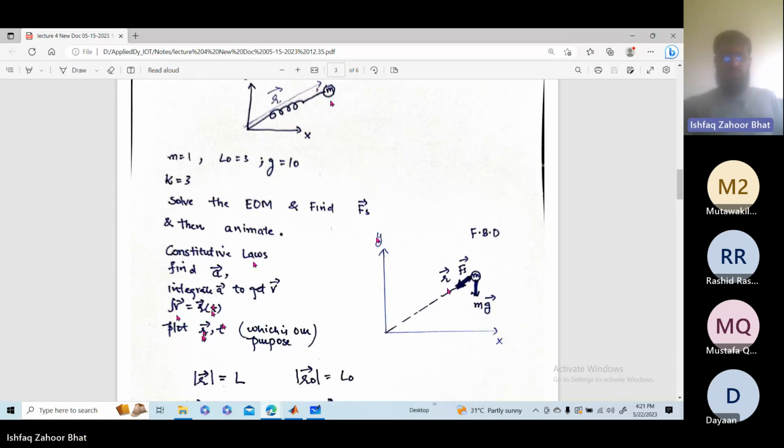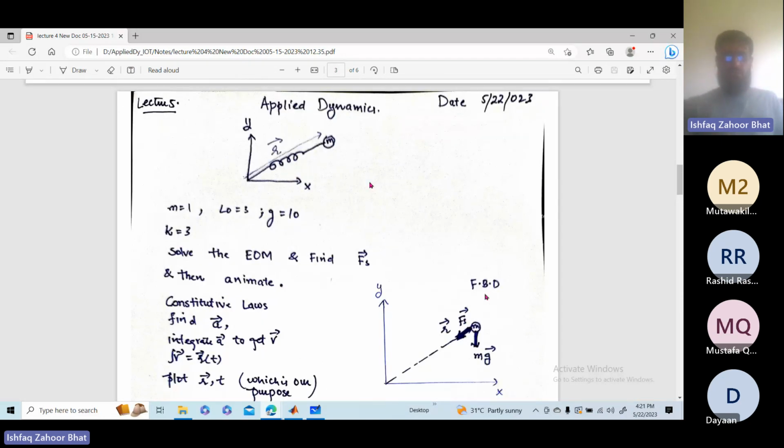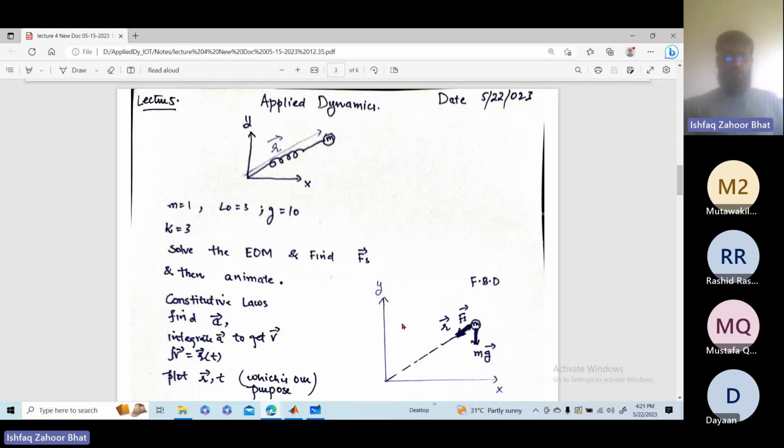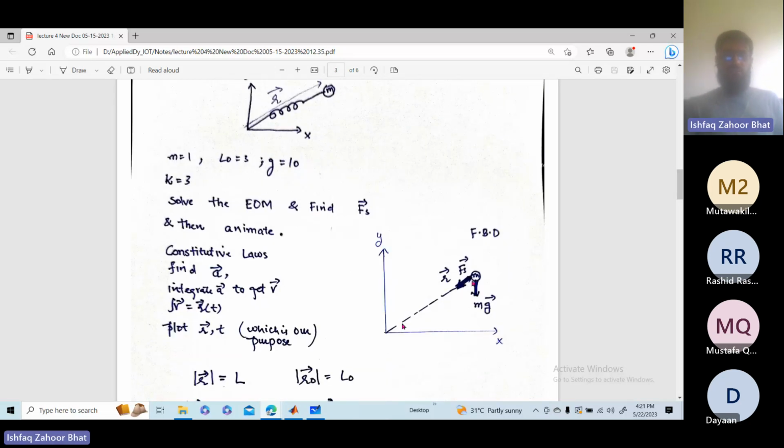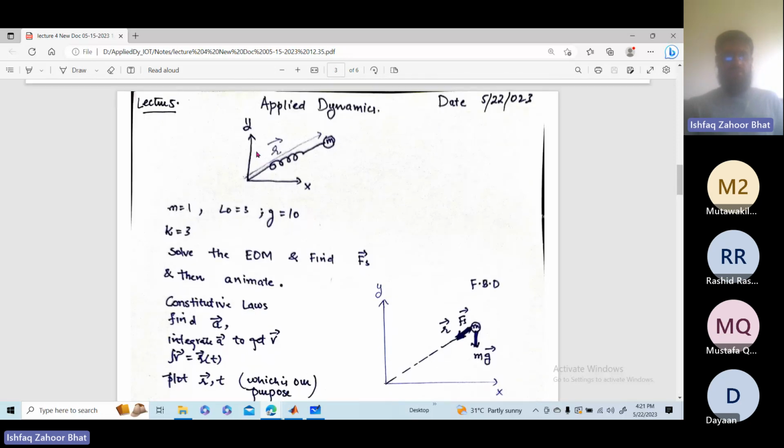So I am taking this mass m, and we know that there are two forces. This is the free body diagram of this problem. In order to keep track of the direction in which the forces are acting, I have redrawn this Cartesian system here. Otherwise, the FBD doesn't require these things.